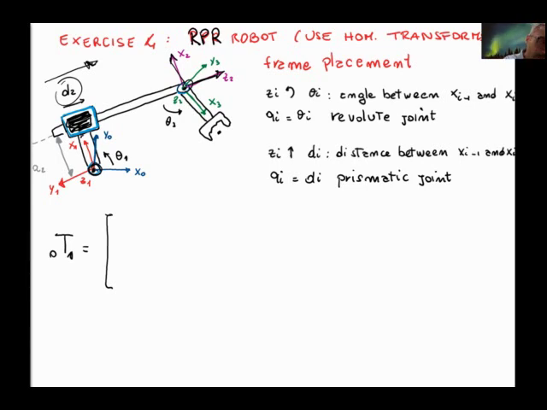So this one is the first link. There is a joint in the middle, and the joint performs a rotation about the z-axis.